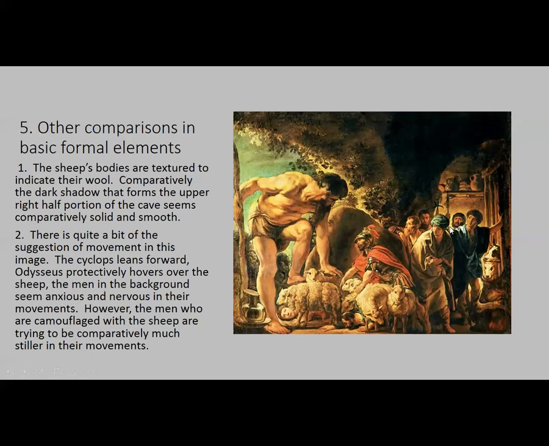You can tell they're moving around a little bit. Even the sheep can't stand still, especially if there's a man hidden underneath it. So they're moving a little bit, but the two guys underneath are trying to be as quiet and still as they possibly can. So comparatively, there's a lot more movement, suggestion of time and motion in this than there is of stillness.